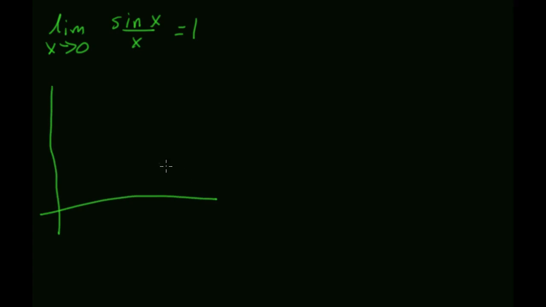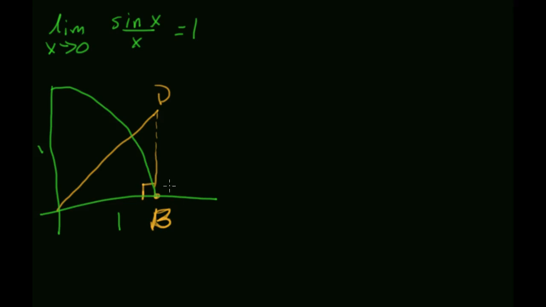Now, we're going to build a bit of a diagram here. I'm in the first quadrant, and I'm going to draw a piece of the unit circle. So radius 1, radius 1. What we're going to do is throw out a segment here to a point D going through that circle, and we're going to call this out here point B. That's going to make a right angle.